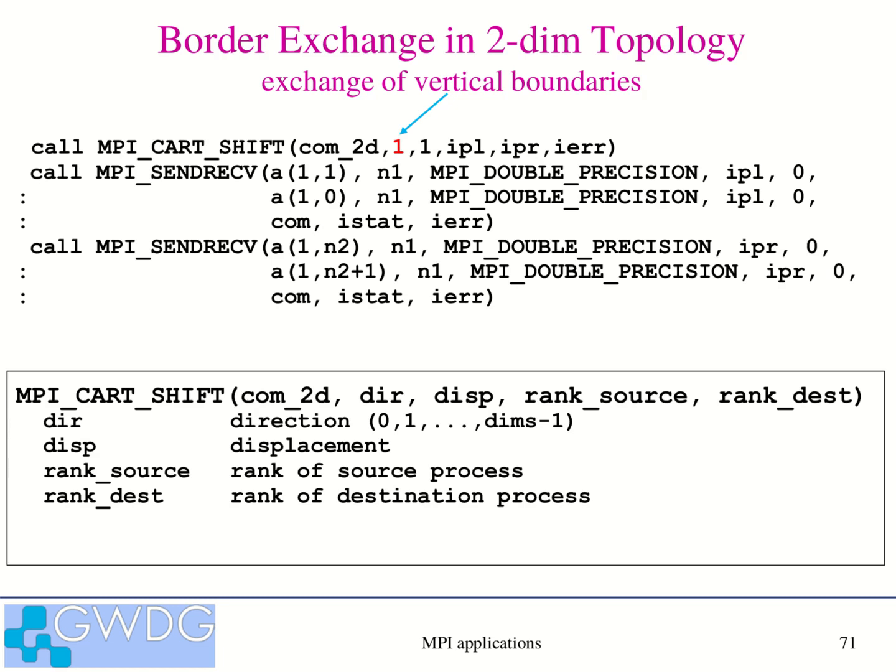Therefore, you can use the send-receive operation now in your usual, original communicator context, because you know the upper and the lower neighbor numbers in the usual communication context, given by this shift function. We do the same as before, send-receive in the vertical boundaries.